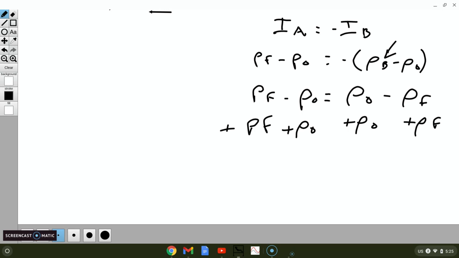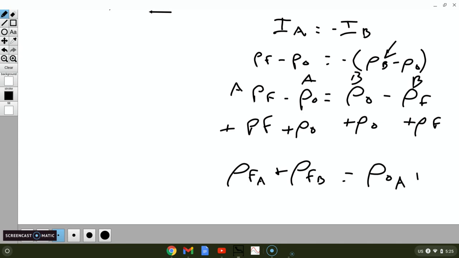Now remember, this is of object A, this is of object A, this is of object B. We get the final momentum of object A plus the final momentum of object B is equal to the initial momentum of object A plus the initial momentum of object B. That's a B. All right.